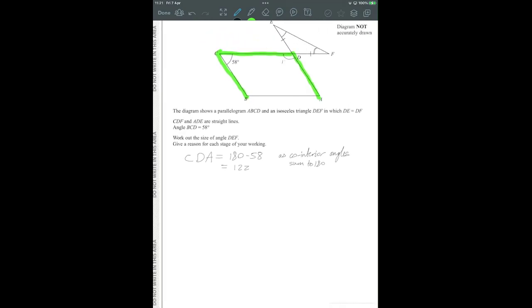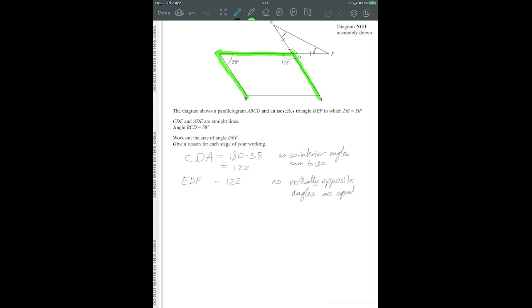Okay, well that's a really useful angle because that's how I can translate to the triangle. So now angle EDF is also 122 as vertically opposite angles are equal.